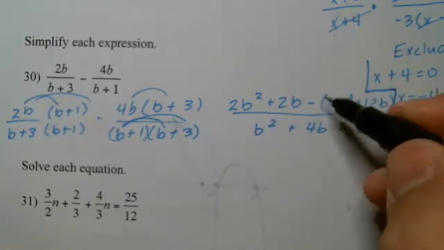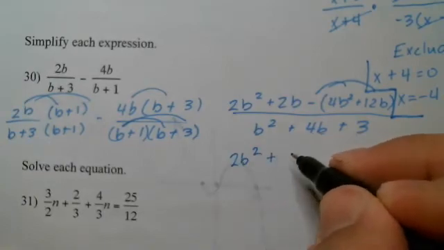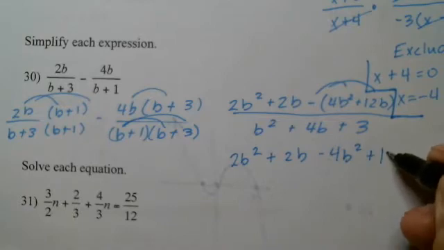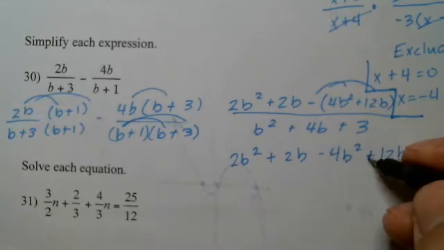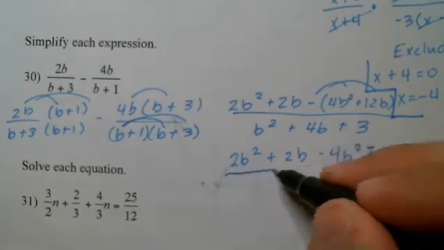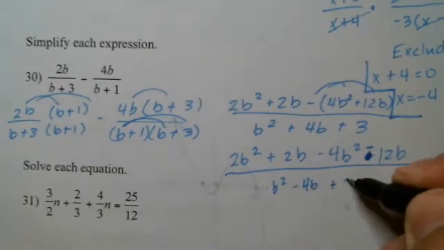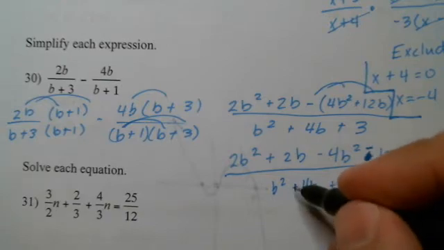Okay, now clean this up, distribute. We got 2b squared plus 2b minus 4b squared plus 12b, or excuse me, minus 12b, all over that b squared minus 4b plus 3. Is it minus or plus? Plus 4b.